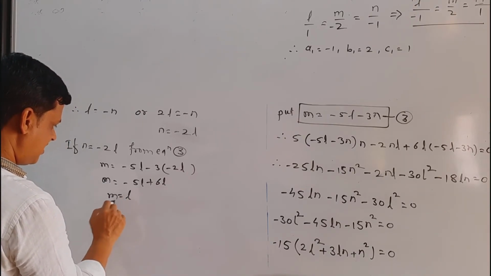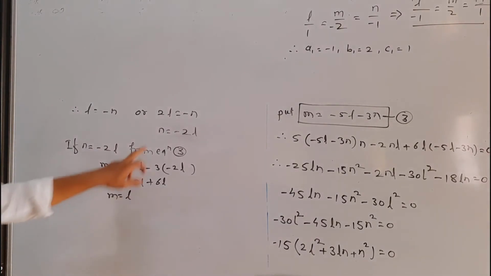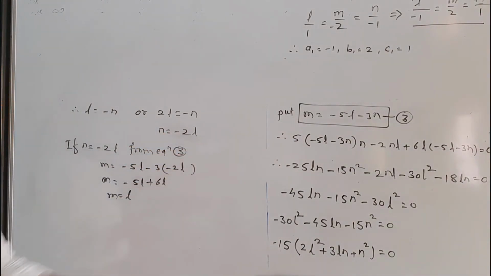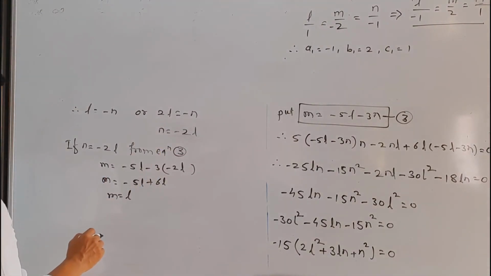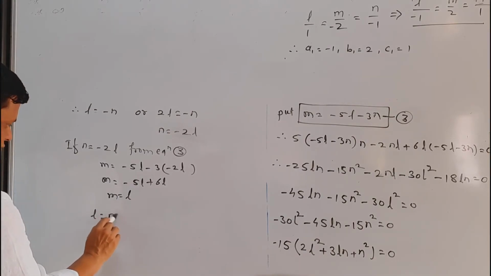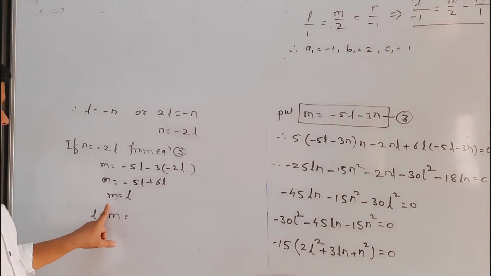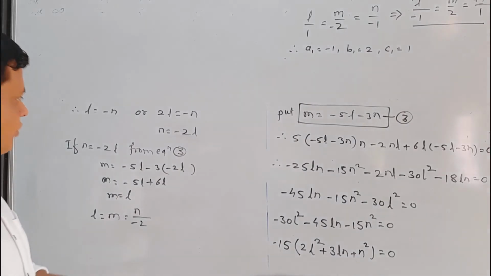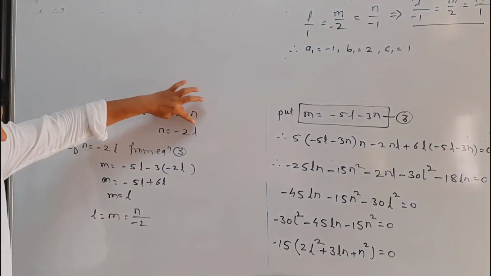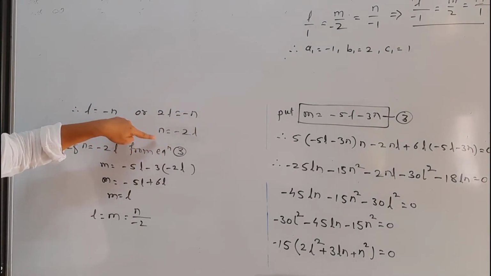That means M is equals to L. Now here M is equals to L, and here N equals to minus twice L. Now we can replace the value of L by M. So we get here L is equals to M. From this we write L as, after transferring this minus 2 to left hand side, N upon minus 2.